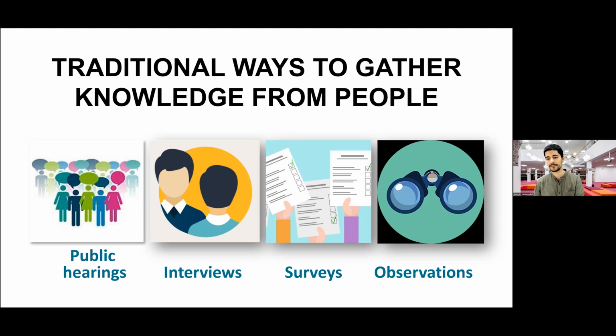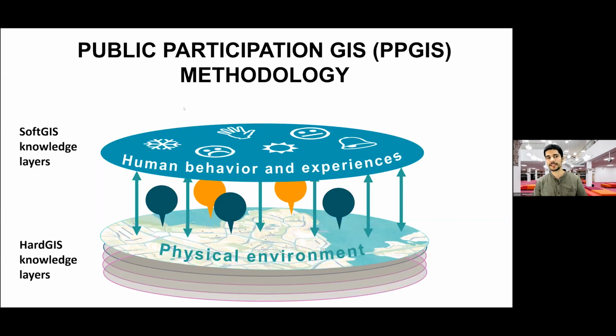So these are some of the limitations that exist with these kind of approaches for gathering knowledge from people. So this is where the idea of PPGIS started, at least in our research group many years ago. So we were thinking that, okay, we want to know about human behavior and experiences.